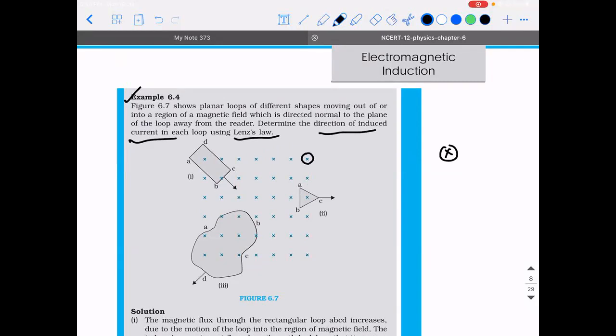When you're writing, you're facing your notes, right? So let's take your eyes as one of the poles and your paper on which you're writing as another pole. What pole is your eye supposed to be so that the paper will receive the magnetic field?